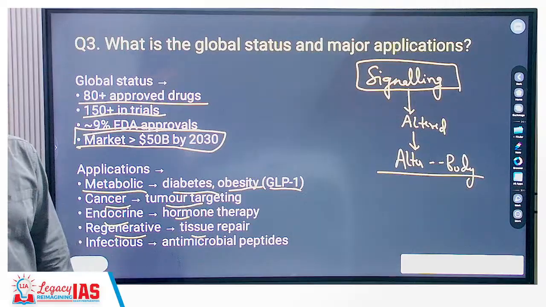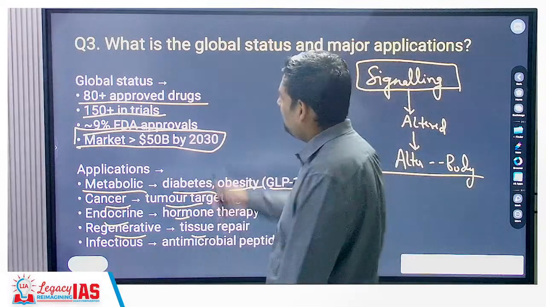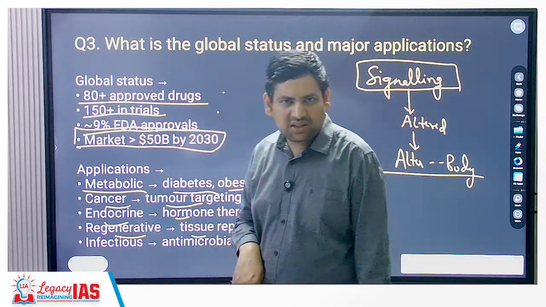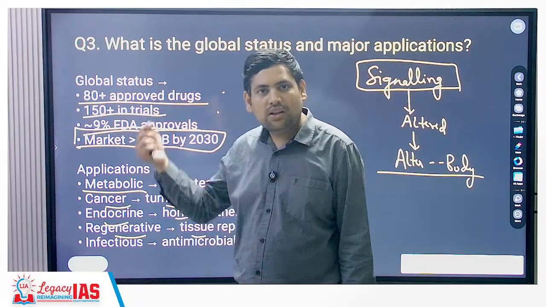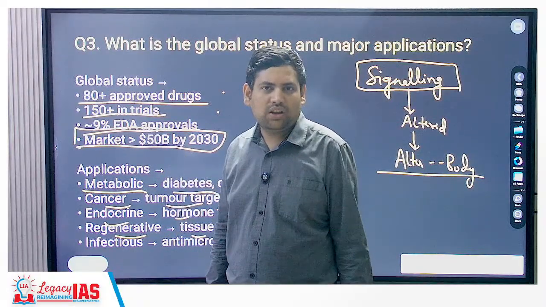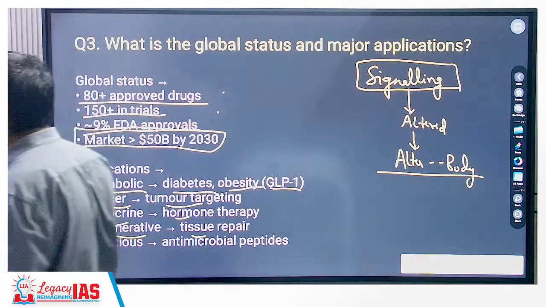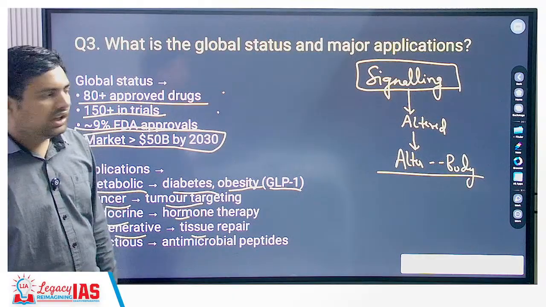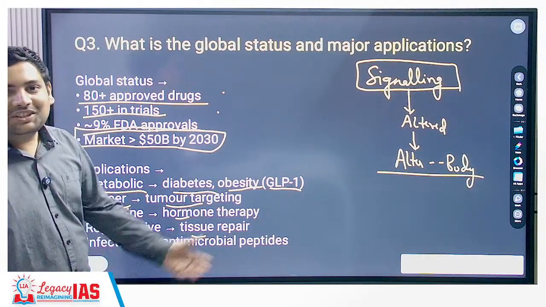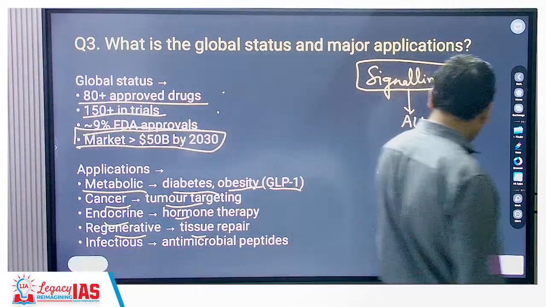Of course, right now we have limited use cases, like even these figures 80, 150, these are still small compared to the number of peptides that we have in our body. But eventually we may get to this part where we will be able to control most of the metabolic activity in our body using these, if it is supported by governments around the world and not banned like many other things.